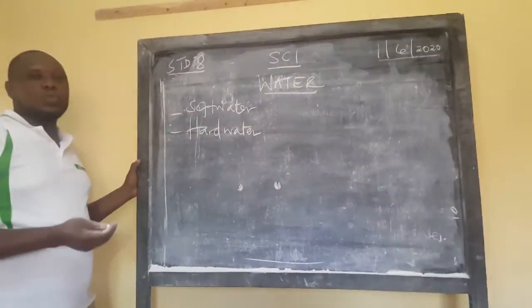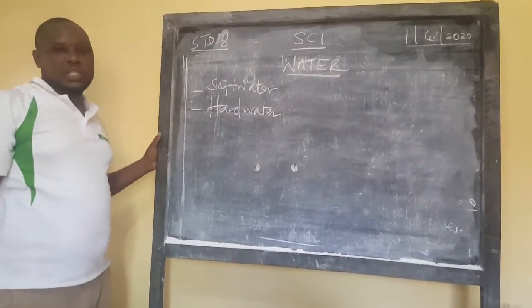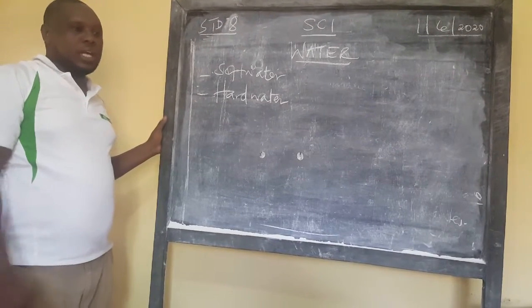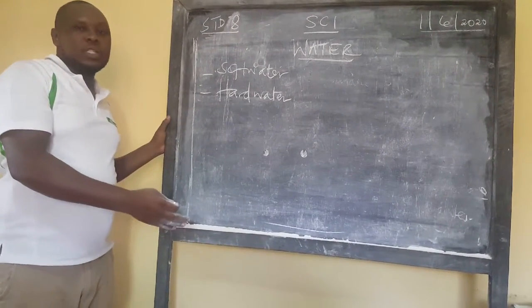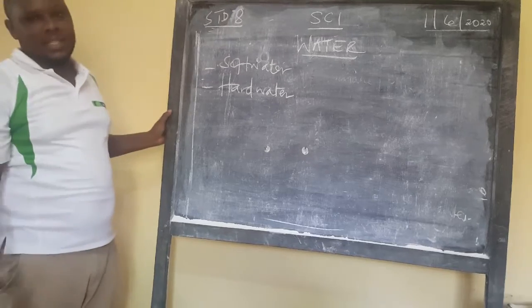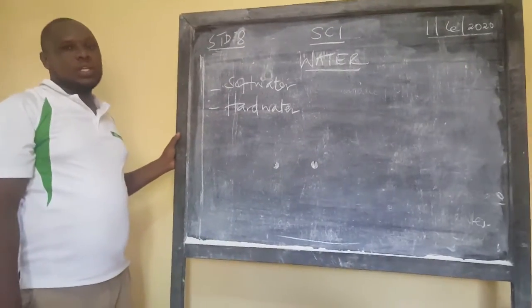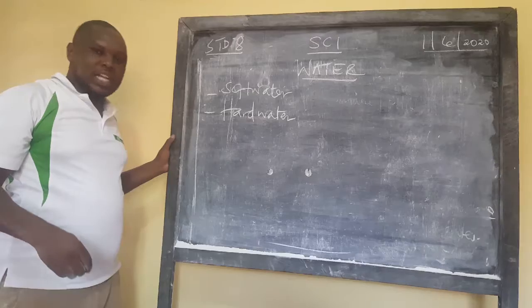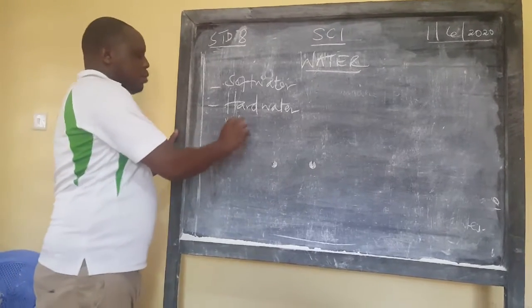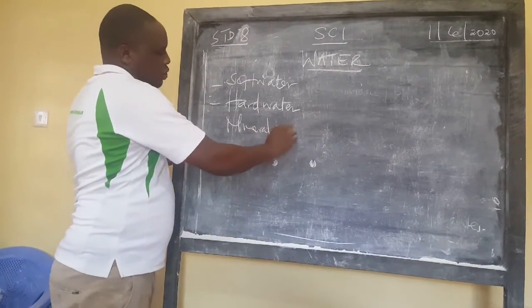Now when you talk about soft water, it's simply the type of water that you're taking from home. That you say you can't take this water because it has a lot of salt, and you take this because it has no salt. So what we call salt in that water is mineral salts. So we talk about minerals.